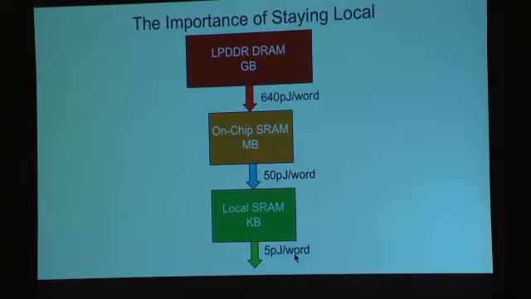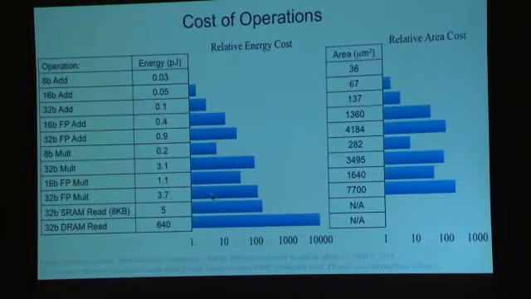And it goes up an order of magnitude at each level of the memory hierarchy. So fetching it from on-chip SRAM, but 8 millimeters away on chip, costs 50 picojoules per word, exactly an order of magnitude higher. And by the way, just to remind you, the multiply you're going to do when you fetch this is only 3.7 picojoules. So just fetching it from a local SRAM is more expensive than the multiply.